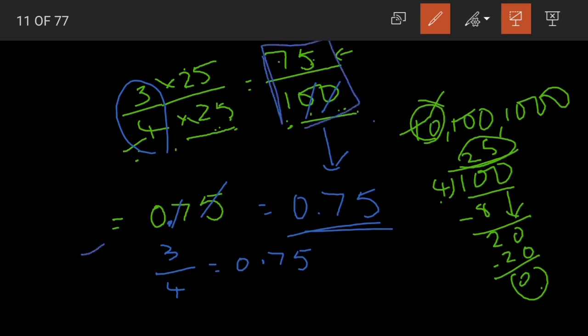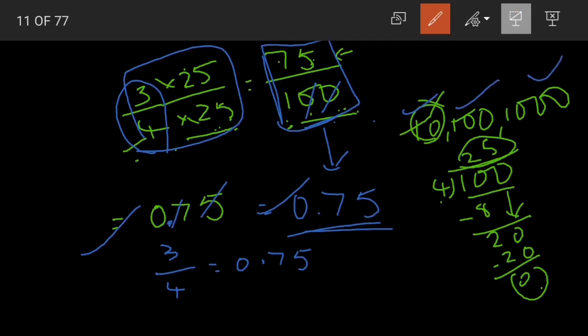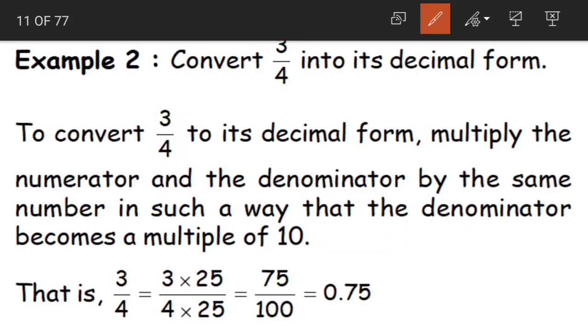Understood? This step we already know. From 75 by 100 we know how to convert. But before getting 75 by 100, we need to find the equivalent fraction so that the denominator is 10, 100, 1000, etc. To conclude, what did we do? First, we had 3 by 4.